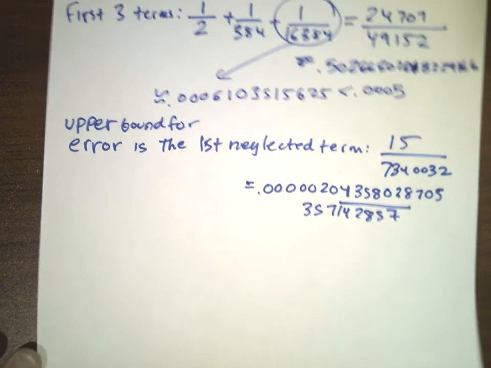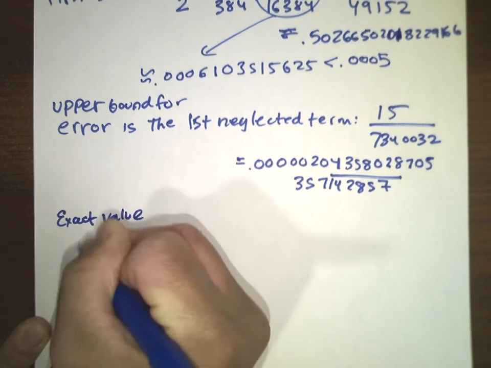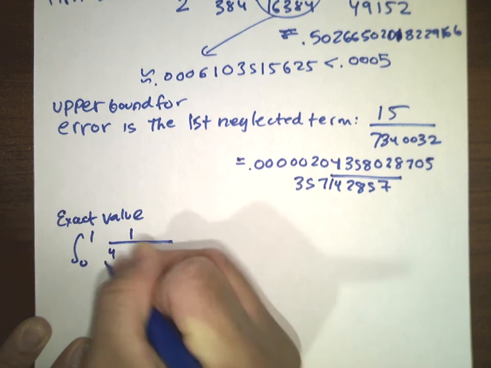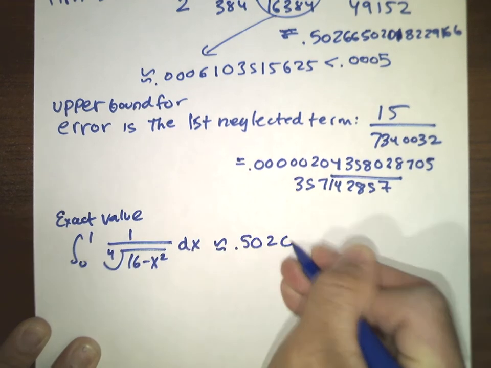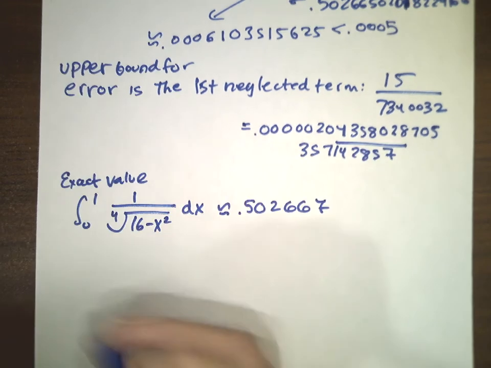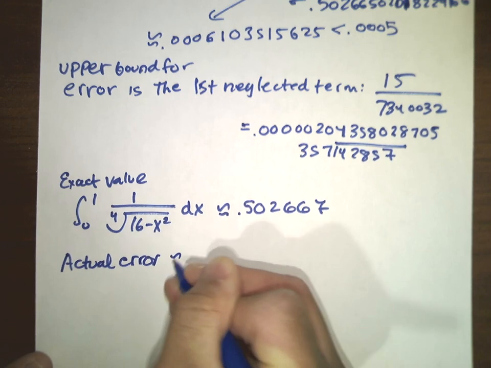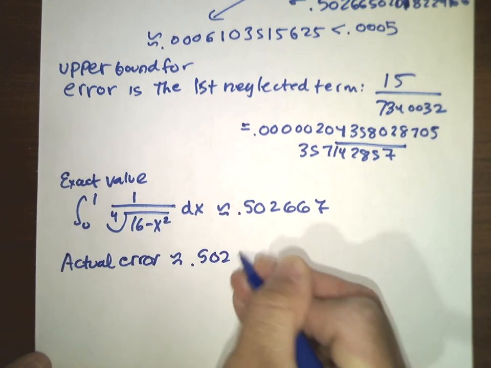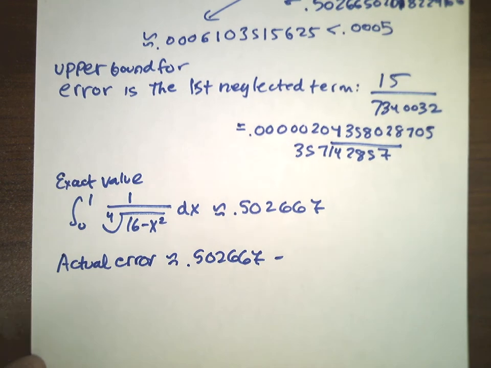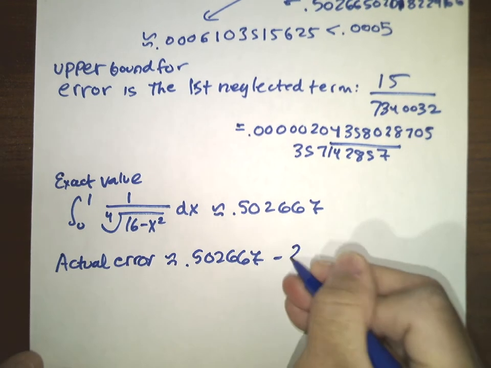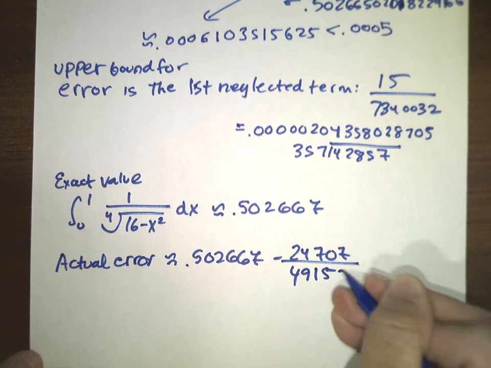So then if you look at this, the exact value of the integral from 0 to 1 of 1 over the fourth root of 16 minus x squared dx is about 0.502667. So the actual error is about 0.502667 minus the sum of the first three terms, 24707 over 49152.